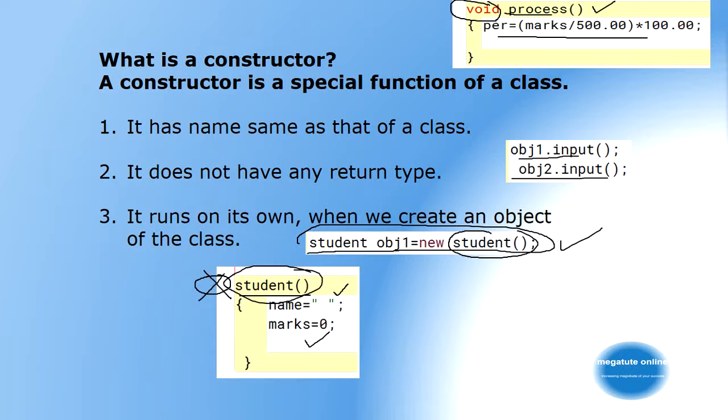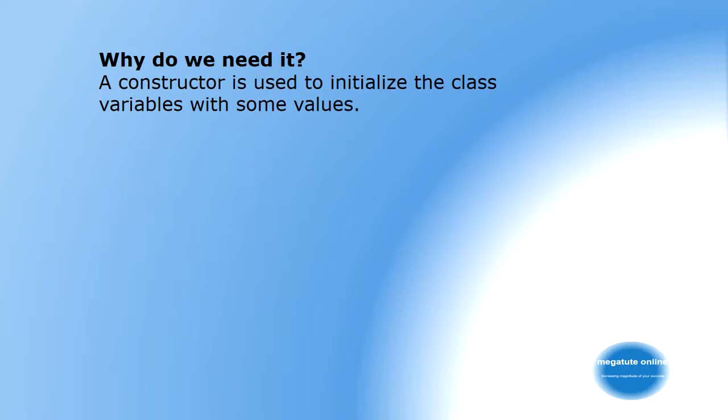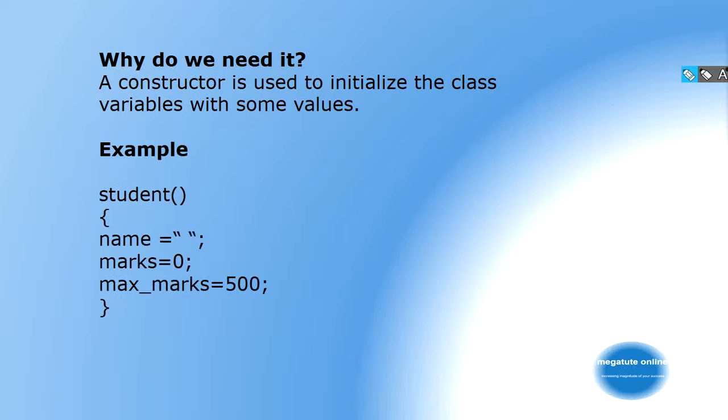All right. Now, why do we need a constructor, right? A constructor is used to initialize the class variables with some values, which I have just shown you a few minutes before, that for the string variable, it has to assign space, and for the numeric variable, it can assign zeros. Okay. For example, over here, this is a constructor student.